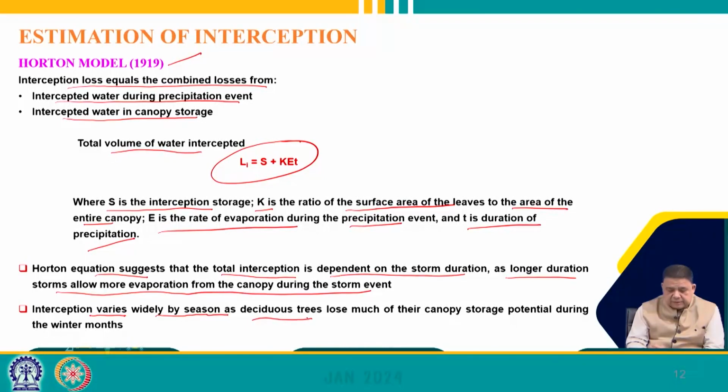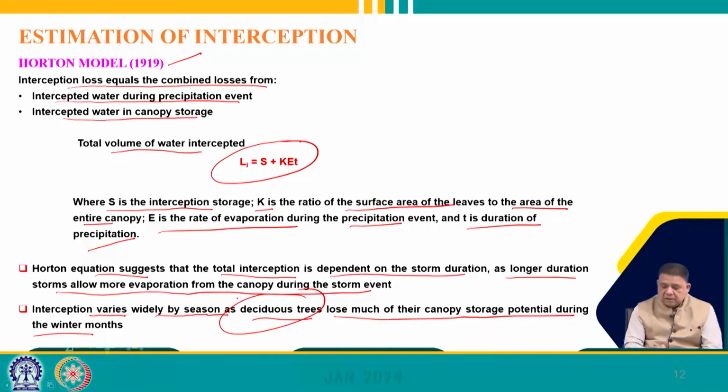For example, deciduous trees lose much of their canopy storage potential during the winter months. So in winter, with a plantation of deciduous trees, the interception loss will be very low, because the K part will be very low.